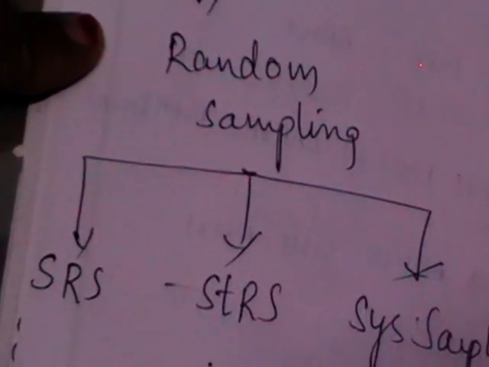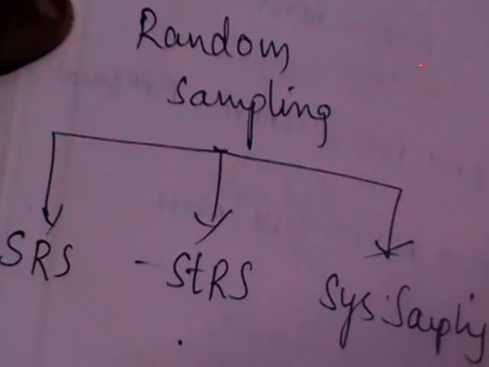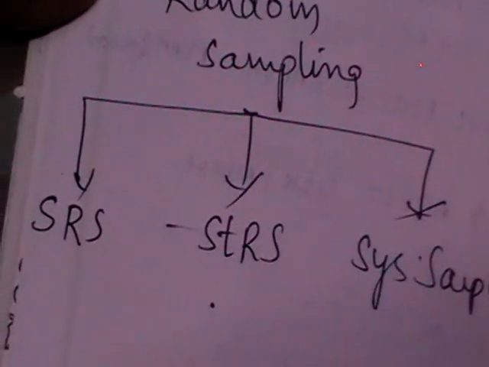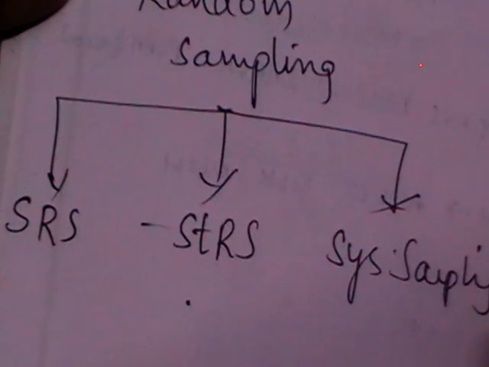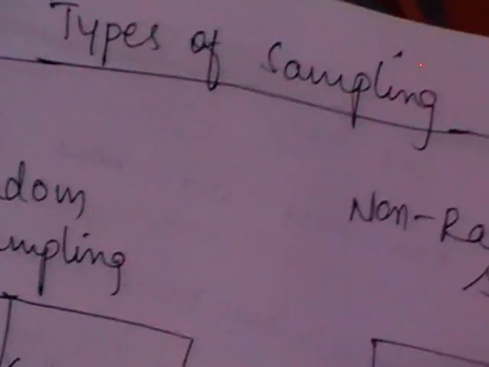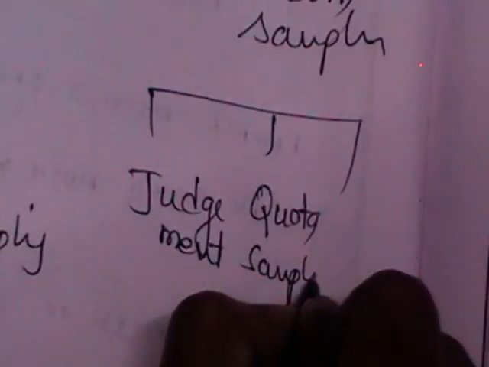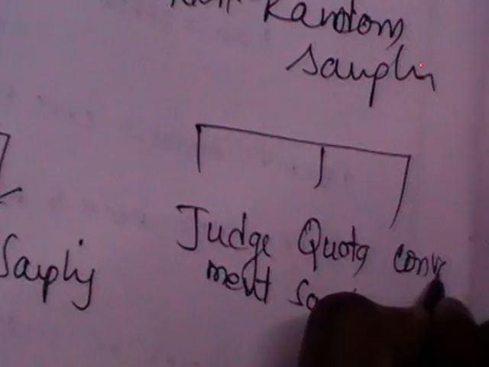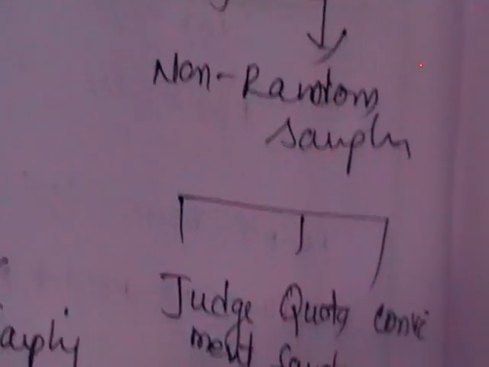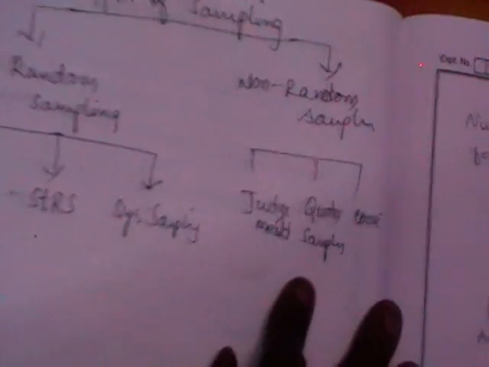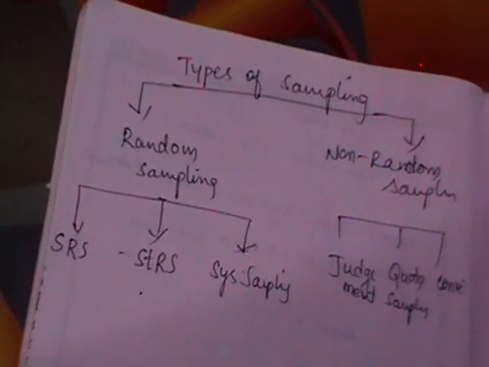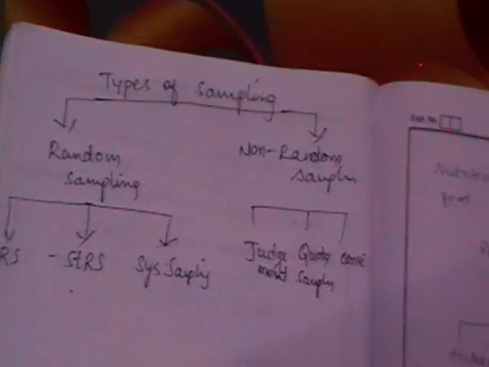Under non-random sampling we have judgment sampling, quota sampling and convenience sampling. So we have different types of sampling techniques. First of all, broadly they are classified into two major types: random sampling techniques and non-random sampling techniques.